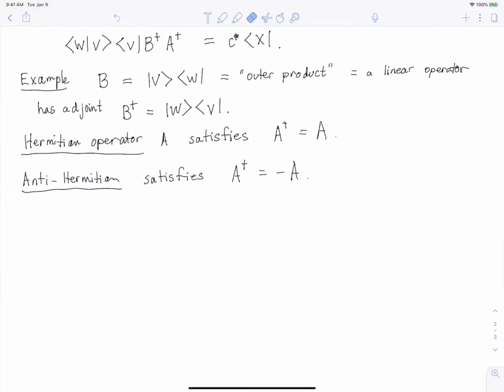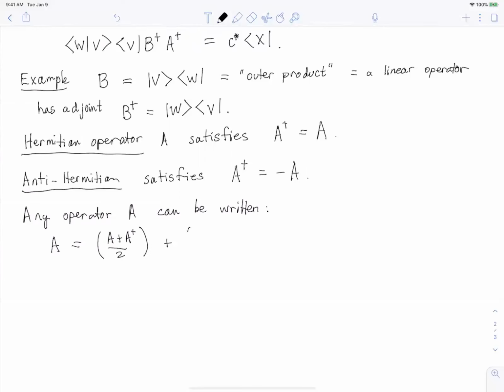So here's an interesting fact. Given any operator A, not every operator is Hermitian or anti-Hermitian, but you can always write it as a sum of Hermitian and anti-Hermitian parts. So A is equal to (A plus A dagger) over 2, plus (A minus A dagger) over 2.